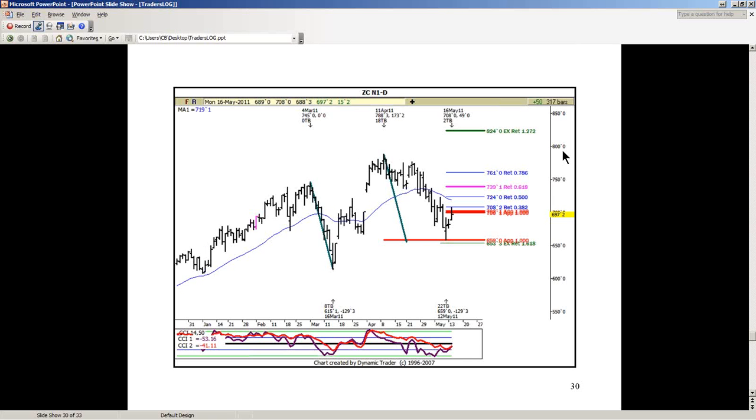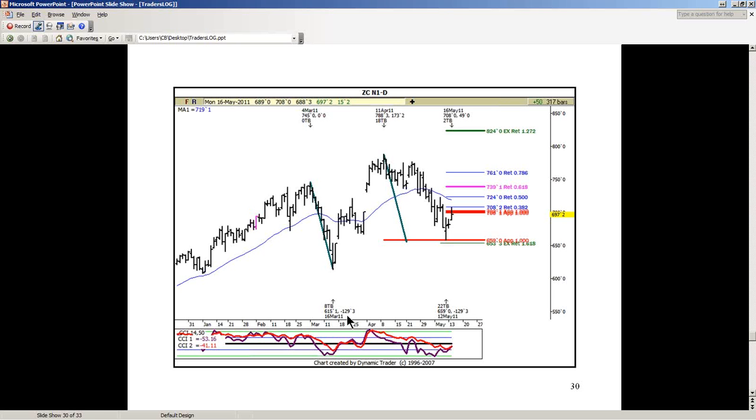Okay, this is one other example. This is an example of symmetry. This was a really beautiful symmetry setup that occurred in the corn, and it was so simple to set up because all it was taking was this prior major high to low swing and then projecting from the new high on April 11th. That gave us 659 as a projection and possible support.